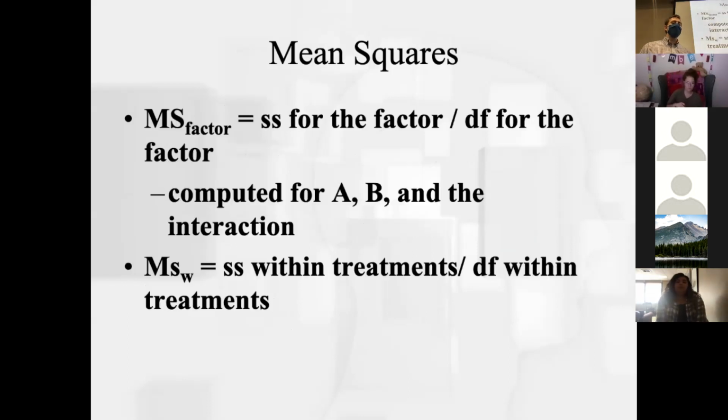So again, that mean squares for the factor of interest is just going to be a function of the sum of squares for that factor divided by the degrees of freedom for that factor, right? Same thing as we've always done. Mean squares equals sum of squares divided by degrees of freedom. If you're interested in factor A, take the sum of squares factor A divided by the degrees of freedom factor A. Interested in the interaction, the sum of squares of the interaction divided by the degrees of freedom for the interaction.